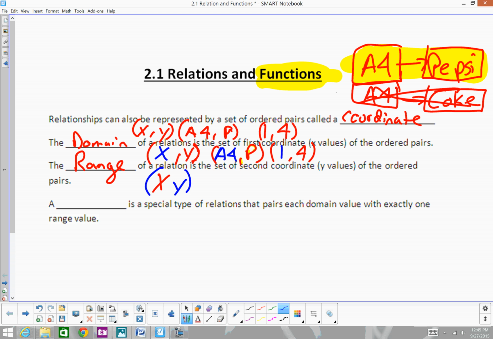In the case of A4 comma P, my A4 isn't part of my range, but the P for Pepsi is. And lastly, I have 1 comma 4, and 1 is not part of my range, but 4 is part of my range.